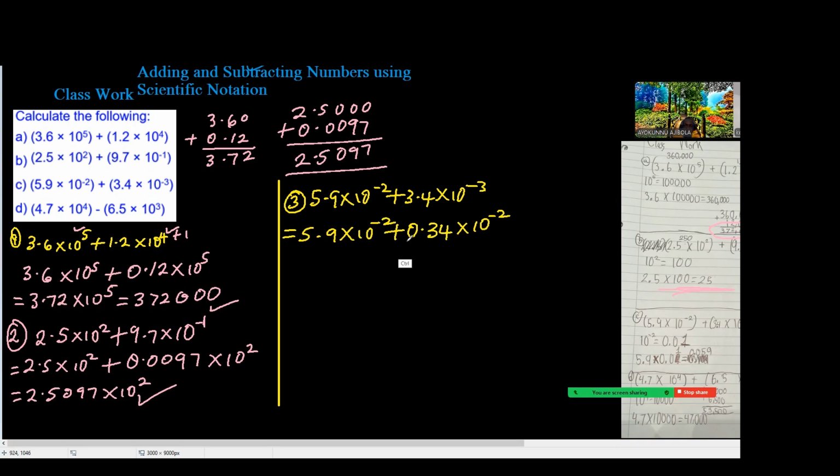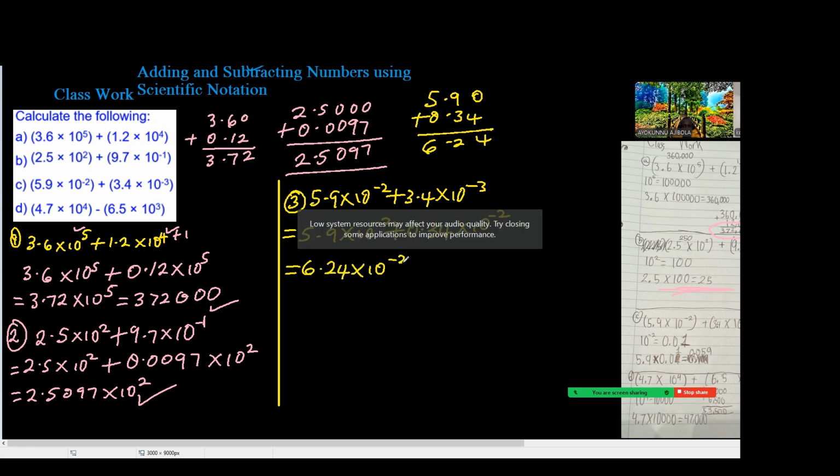All we have to do is to literally add these numbers, which is 5.9 plus 0.34. Then I put a 0 at the top here. So this is 4, this is 12, and this is 6. So this is going to be 6.24 times 10 raised to the power negative 2.